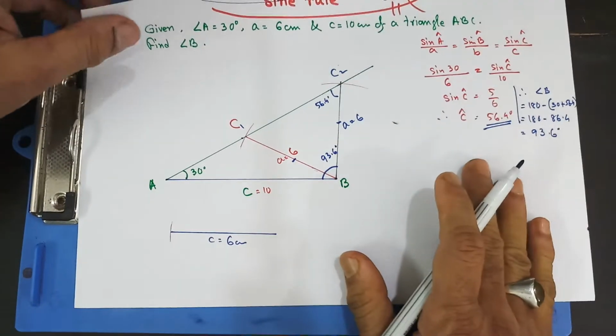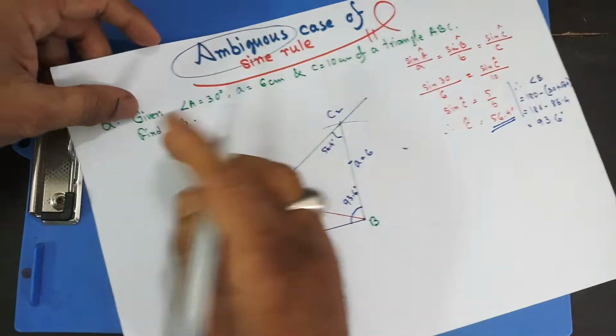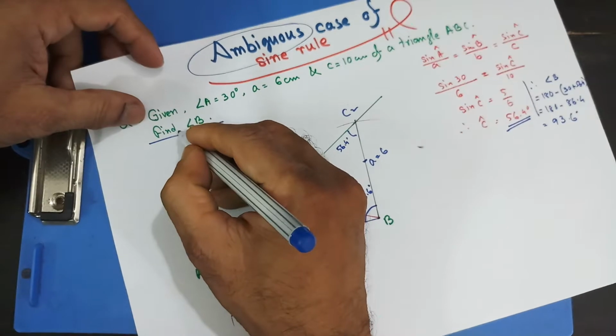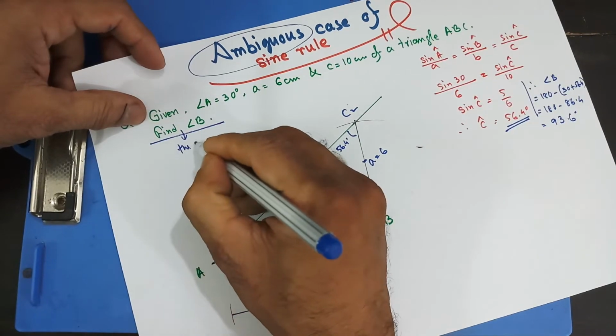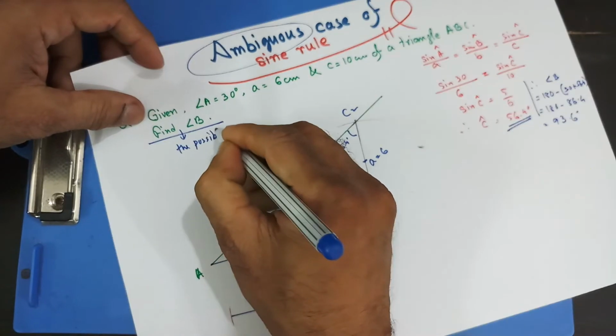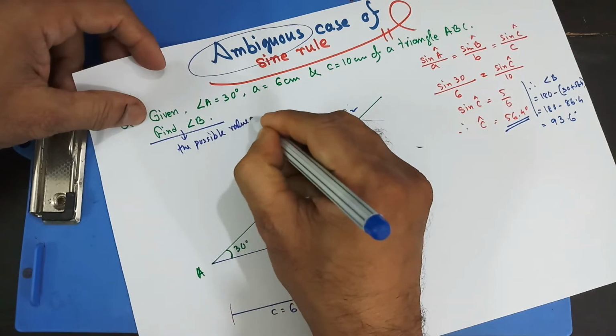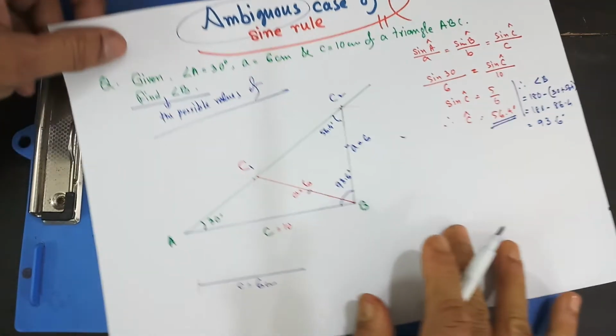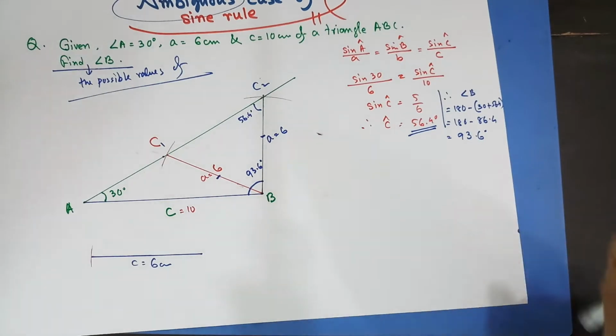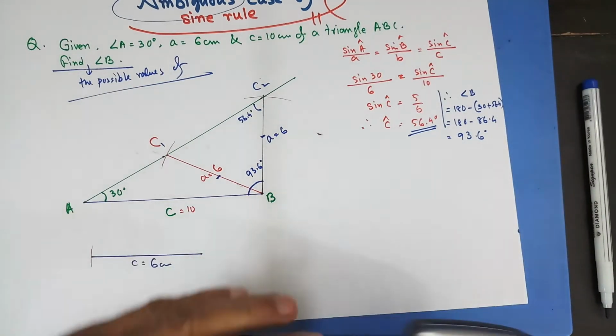Okay, but when this thing happens, then this question might say find the possible values of angle B. In one of my last videos I showed you the obtuse angle.